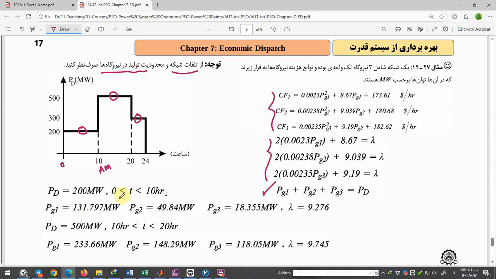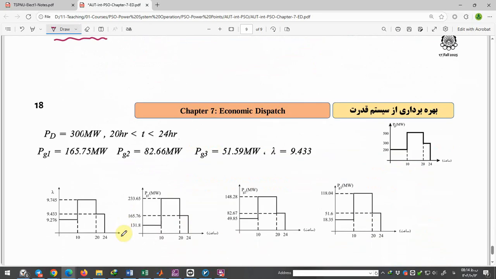For the time between 0 and 10 a.m., the PD is 200. PG1, PG2, PG3 are determined. We don't consider any limitation. The lambda is here. After that, for the next period we calculate PG1, PG2, and PG3, and for the last period, 8 p.m. to midnight, we have PG1, PG2, PG3 and lambda.